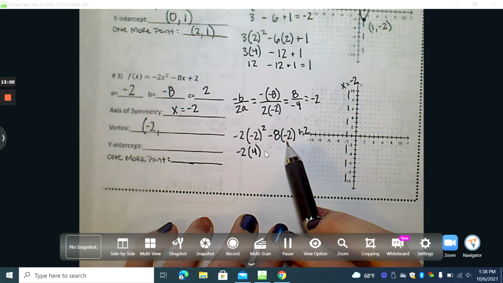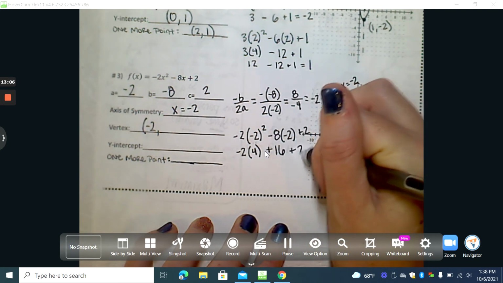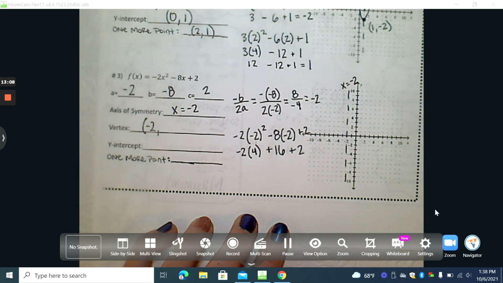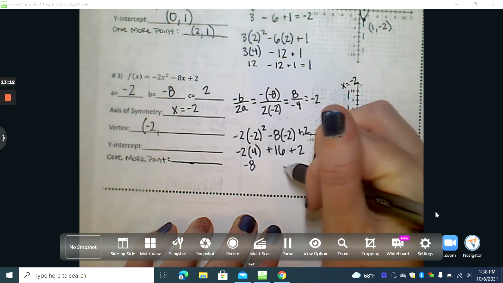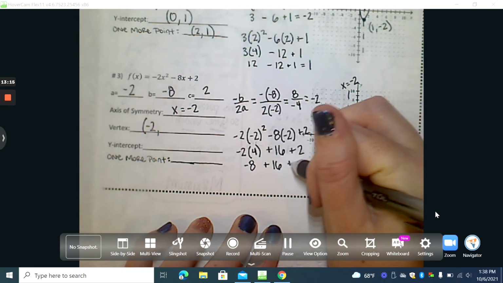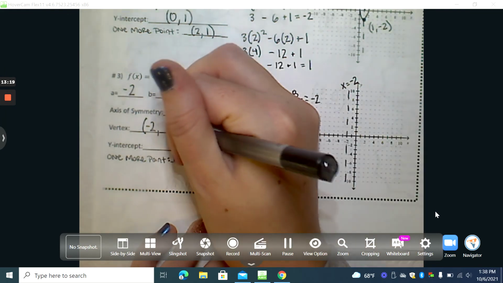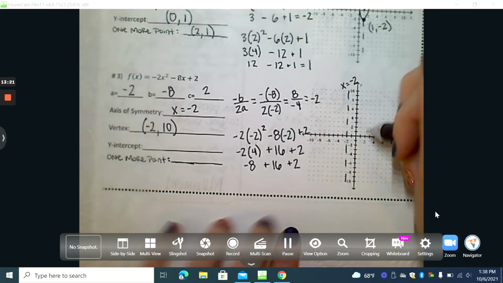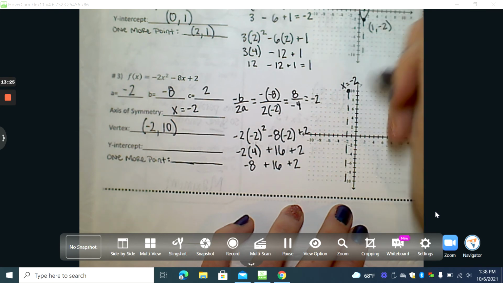Negative 8 times negative 2 is going to become a positive 16, plus that 2. Negative 8 plus 16 is a positive 8, plus 2 will give me 10. So my vertex is at (-2, 10) up here.